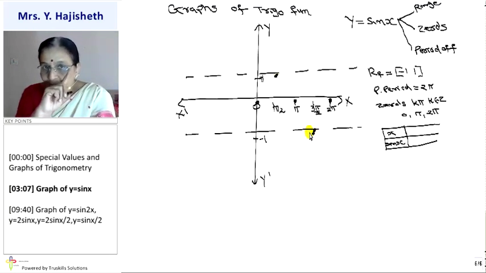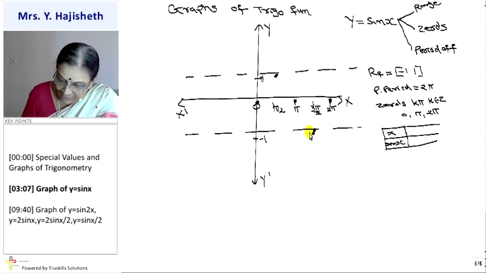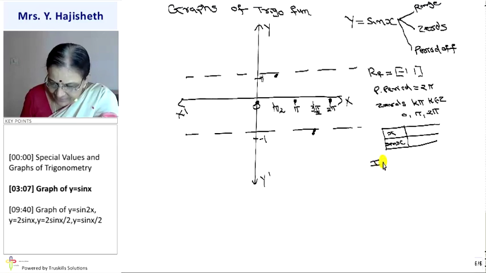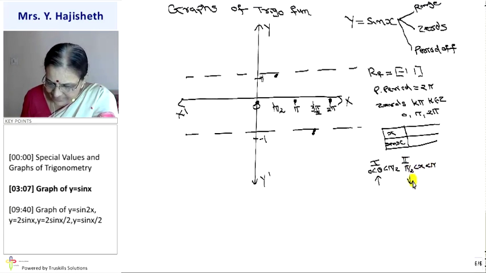Clear? Now you require knowledge of increasing and decreasing. In the first quadrant, that is 0 to pi by 2, my sin is increasing. In the second quadrant, from pi by 2 to pi, my sin is decreasing.